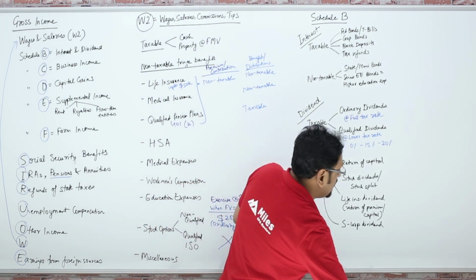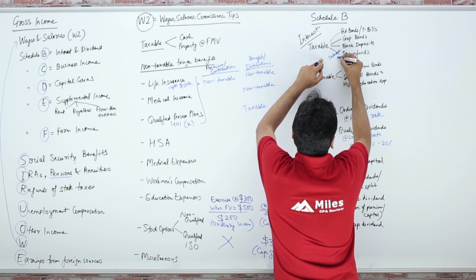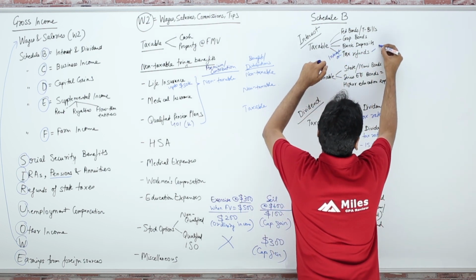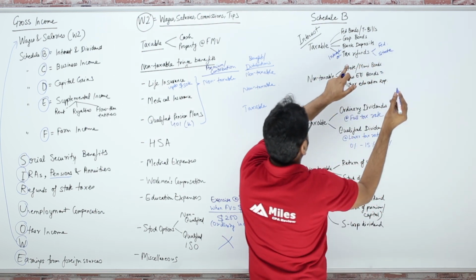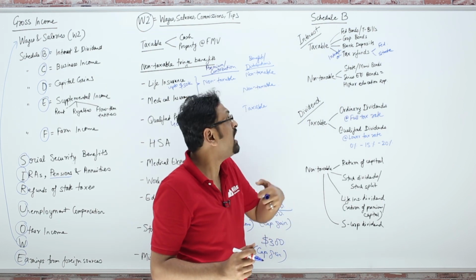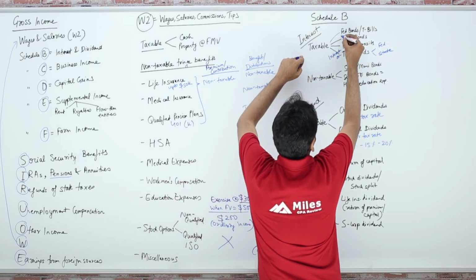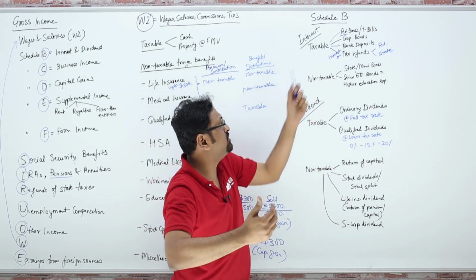So what we're saying is, if you get interest on tax refunds, whether it's a federal tax refund or a state tax refund, interest along with the tax refunds is always taxable. And we also said, if you invest in federal bonds and you're getting interest income there, it's taxable.